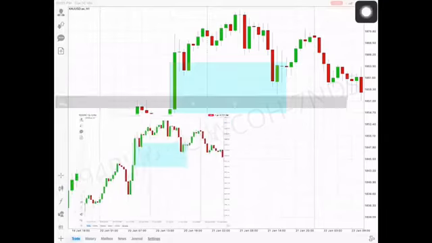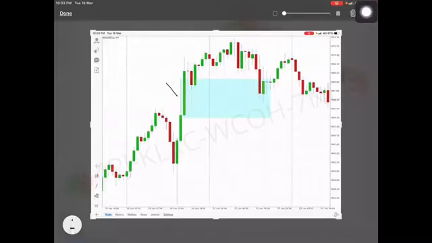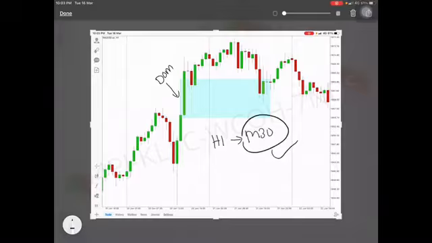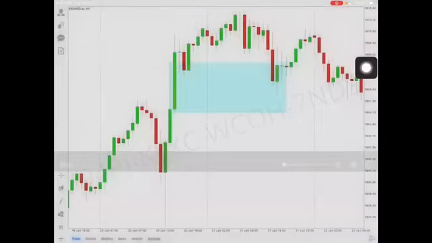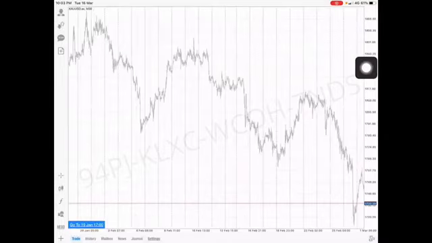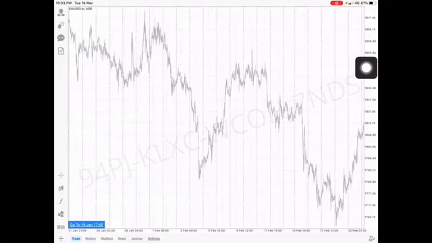So here is your DOM. Now we are on H1. So where do we go from here? Entity. Yes, entity. So we go to entity, and now we're on the M30.